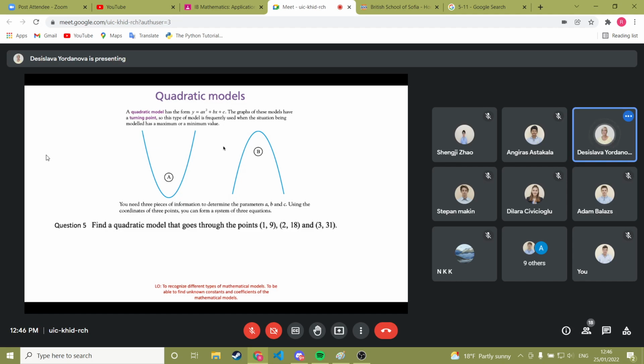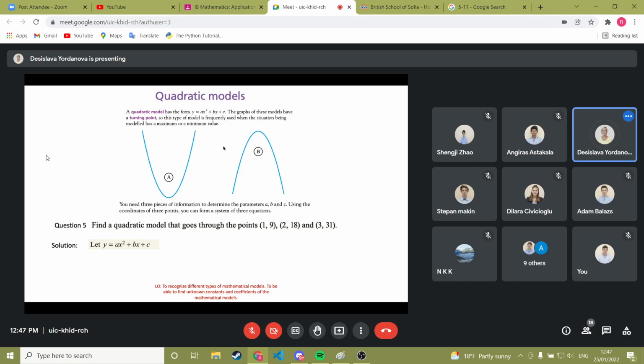For example, a quadratic model that goes through the points (1, 9), (2, 18), and (3, 31). When you substitute the coordinates of each point into the original equation, you get three equations for a, b, and c.